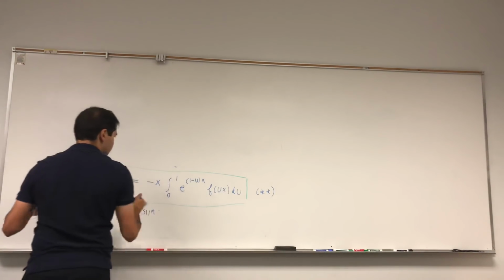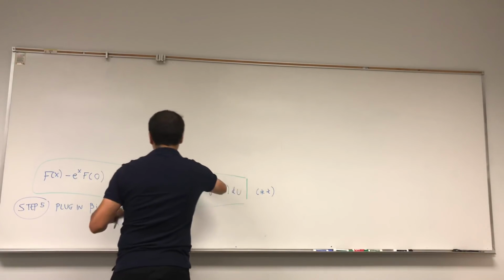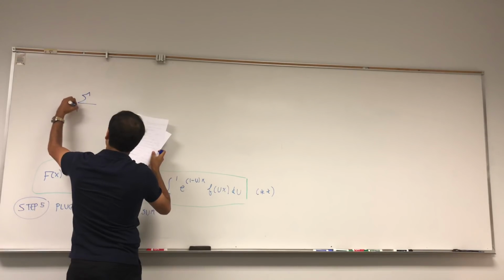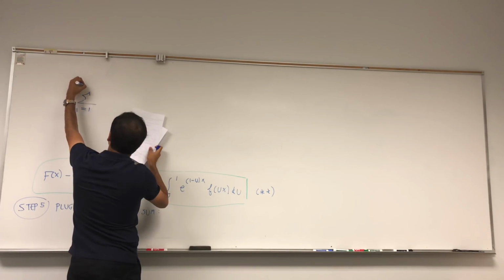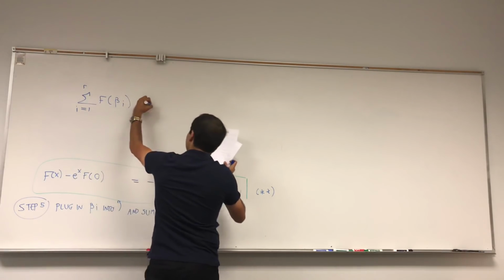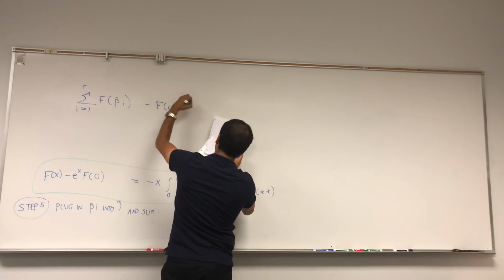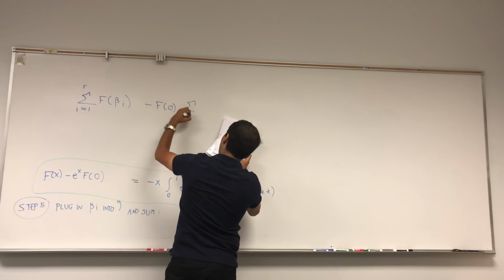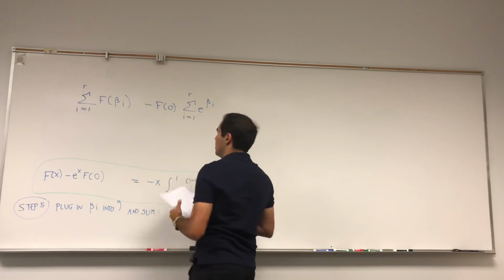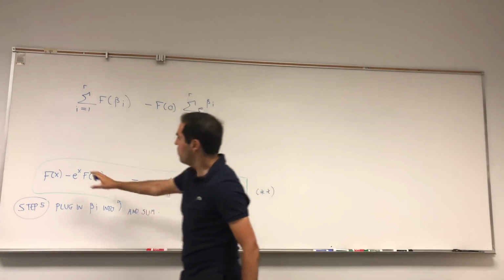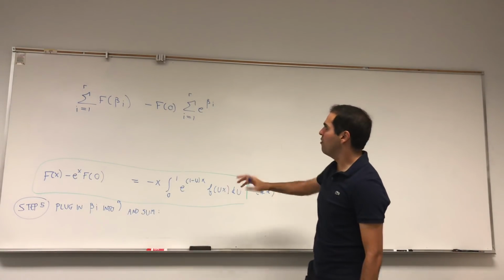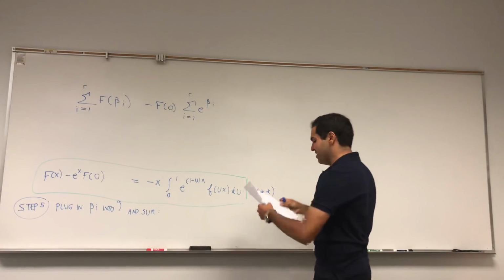Which we can just do directly. So what we end up getting is sum from 1 to r of f(beta i) minus f(0) sum from 1 to r e^{beta i}. Again, it's just summing up all the f's, summing up the e^x f(0), but there's a common factor of f(0).